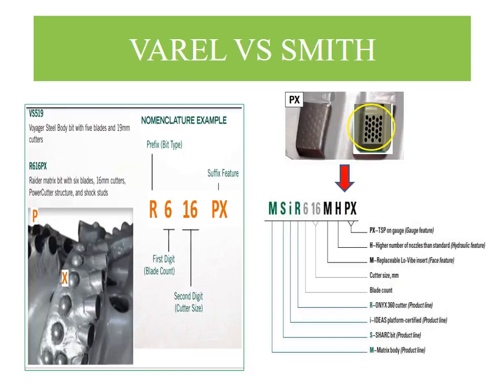For Varel, the P letter in the suffix part indicates the backup row. X for Varel means chuck studs, while the PX for Smith means that the gauge is enhanced with TSP protection.